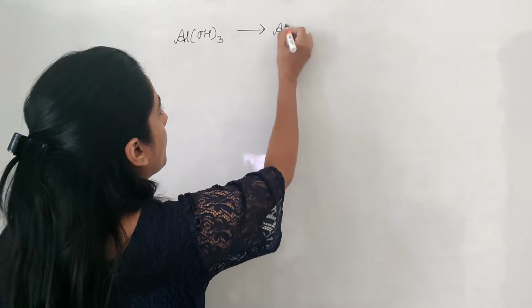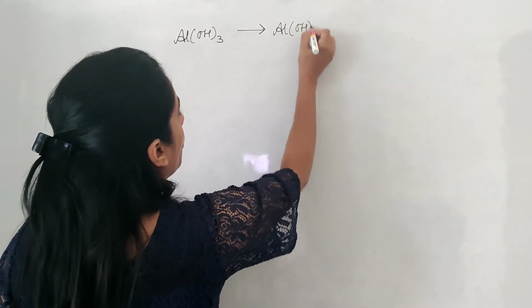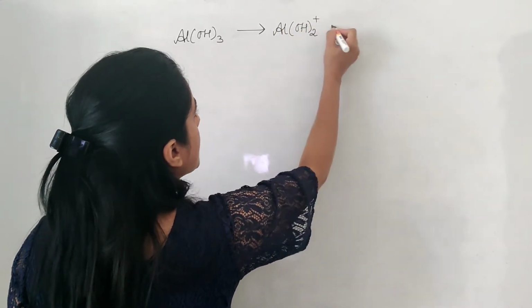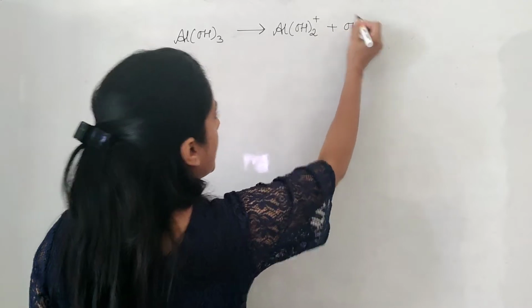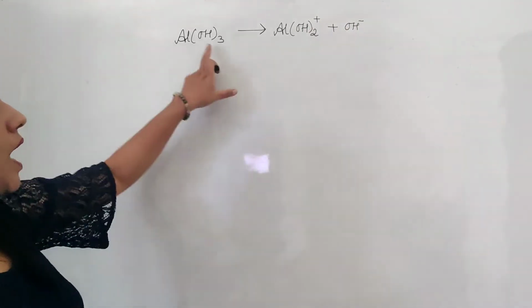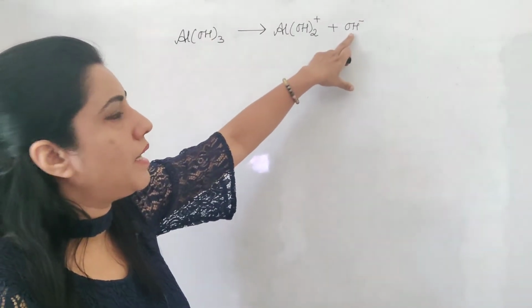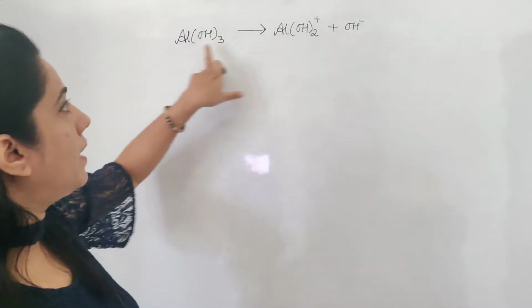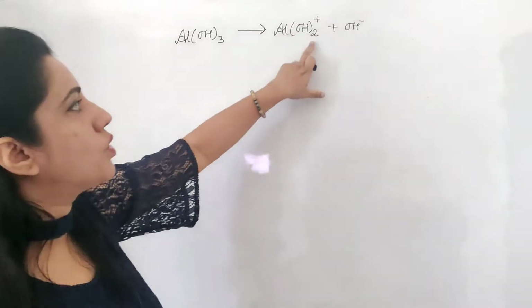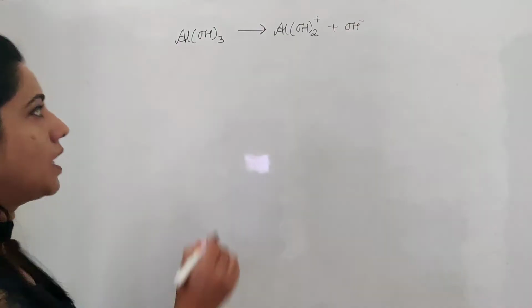It will dissociate to give you AlOH whole twice plus and OH minus. Since it is a base, one hydroxyl group will be liberated. So one of the hydroxyl groups is liberated as OH minus, and the entire remaining species will be AlOH whole twice carrying a positive charge.